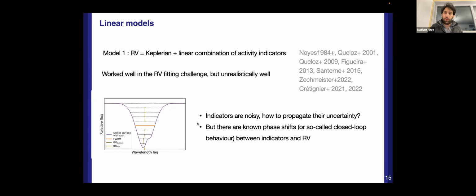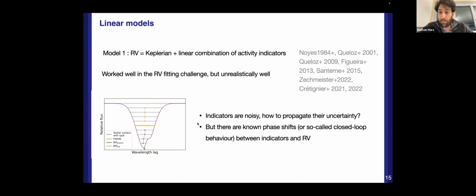But before going to the Gaussian process, maybe we don't need to go into that much detail. The first model is to say that the activity or contaminating signals are just going to be a linear combination of our indicators.